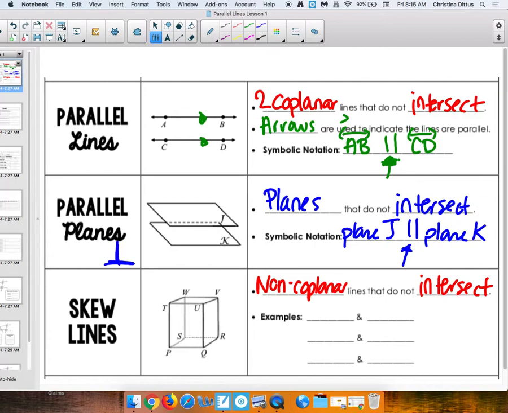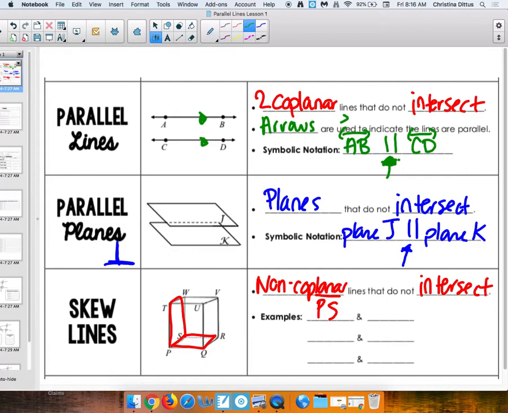Okay. For example, if I took line PS, PS is a part of my left side and my bottom. So anything that isn't on those planes and does not intersect that line is skew.